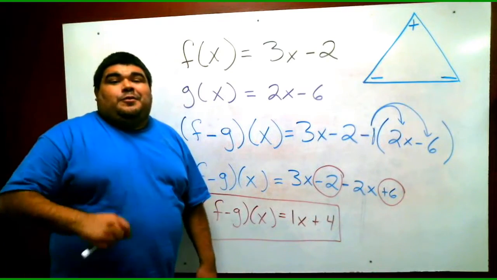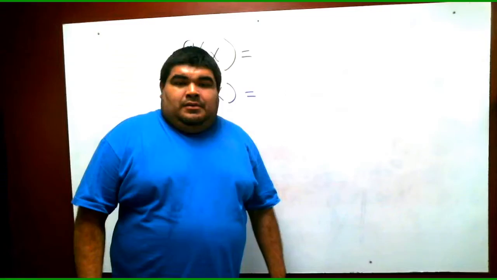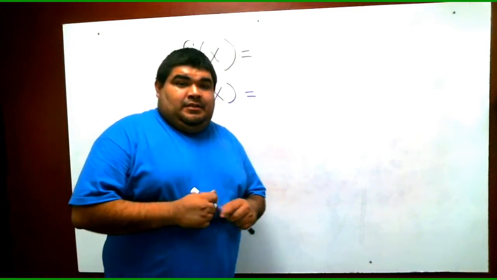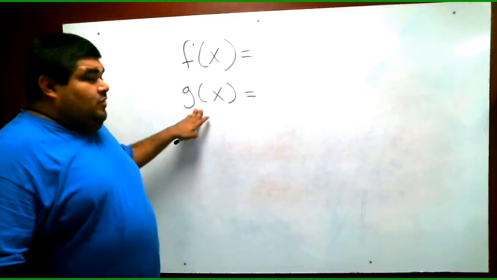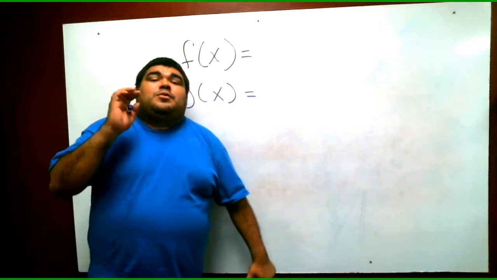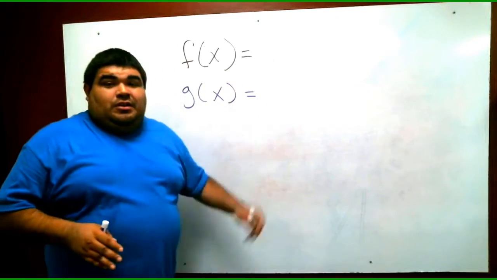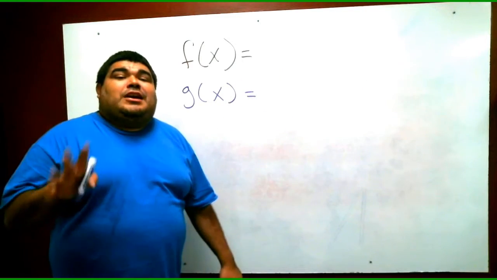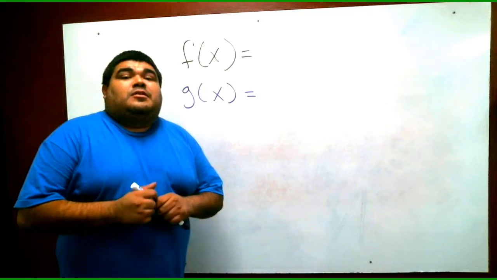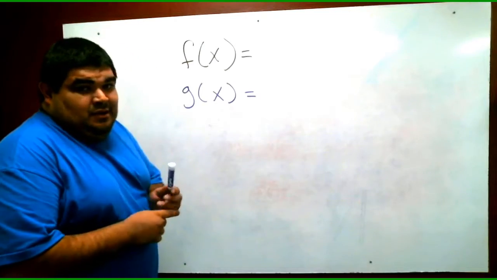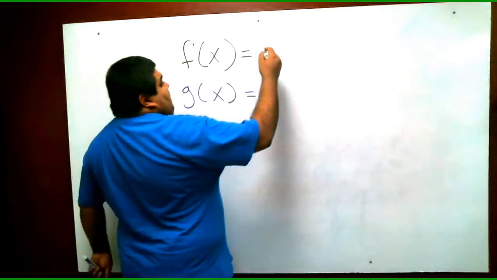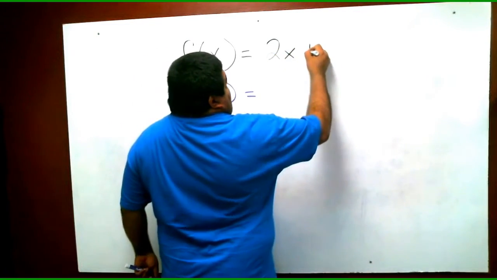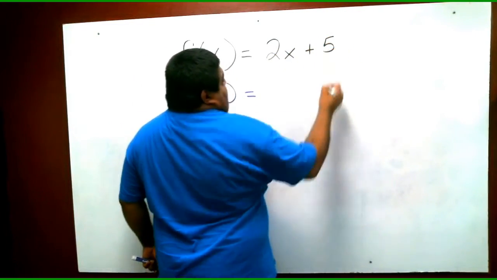Okay. So, ready for your assignment? All right, guys. Your assignment for today is, notice I have my f of x and my g of x. I'm going to give you a function of each. You're going to find the adding version of them and the subtraction version of them. Okay? So, for f of x, we're going to have 2x plus 5.